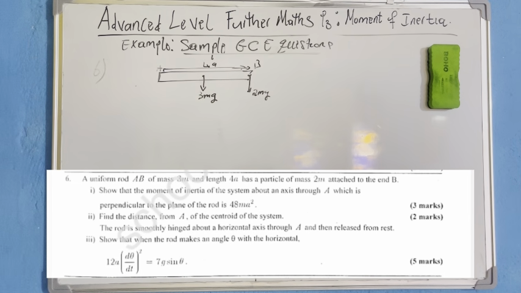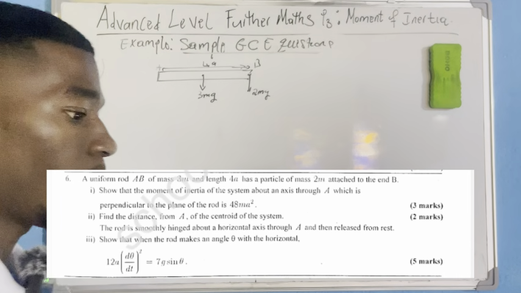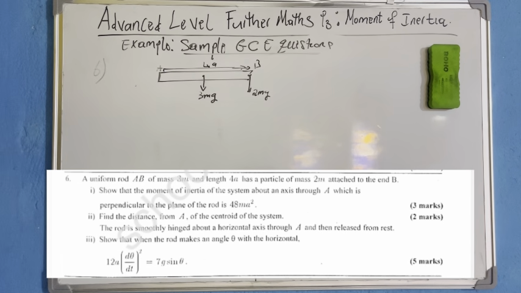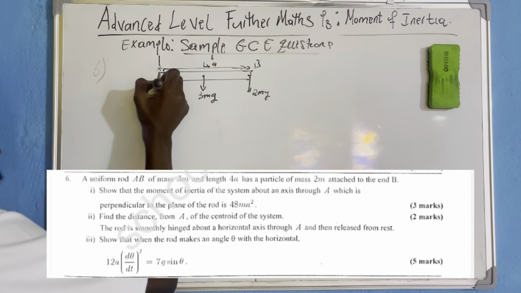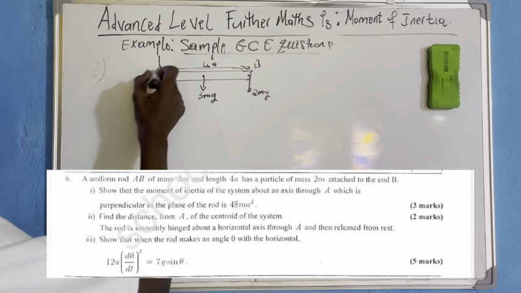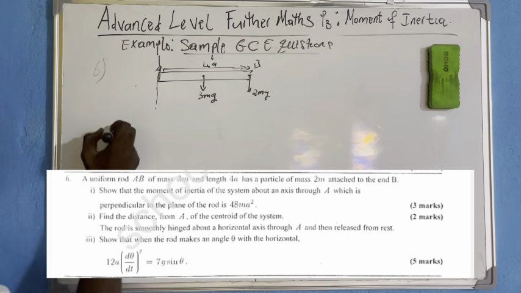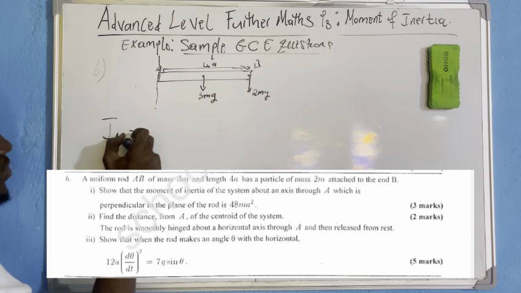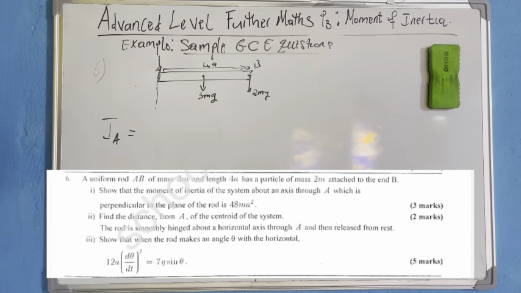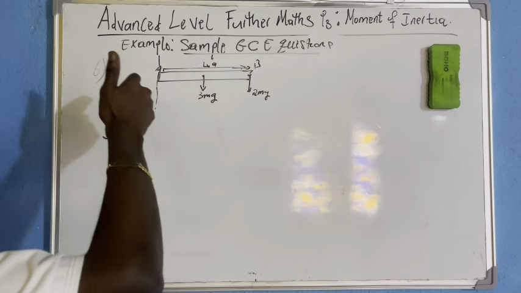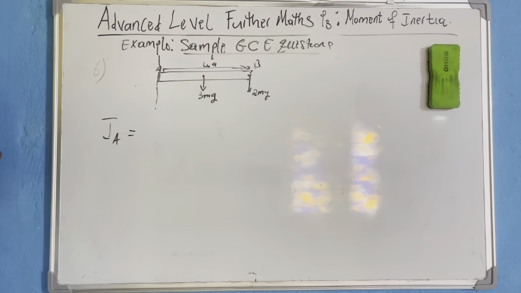Now you are asked to show that the moment of inertia of the system about an axis through A. So students, what am I supposed to do here? I will first calculate the moment of inertia of the rod about A, plus the moment of inertia of the mass 2m about A. As simple as that.